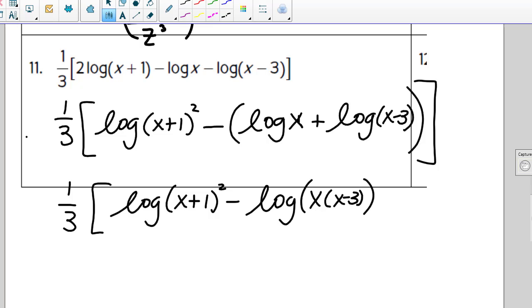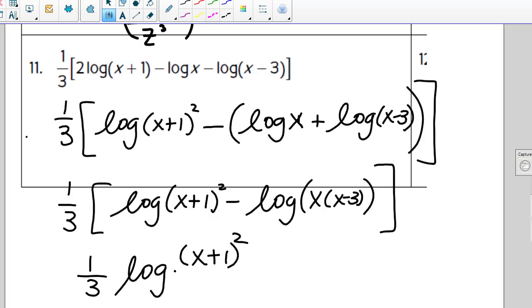I didn't have to have that extra set of parentheses. And now this is going to become a what? Working backwards, a quotient. So same thing, 1/3 log of x plus 1 squared over x times x minus 3.